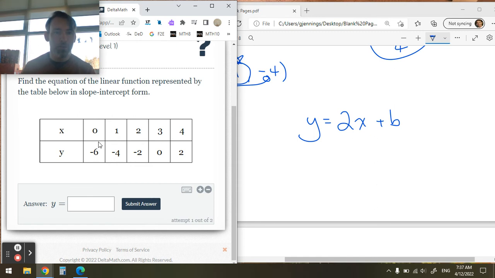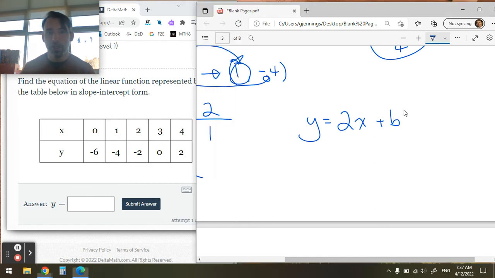So I can take one of these points to substitute in and solve for this number b. I'm going to take this one, (1, -4), and put this point into this equation: -4 for y is equal to 2 times 1 plus some number b.